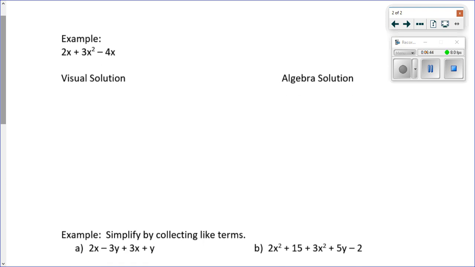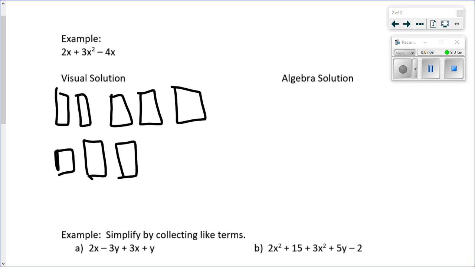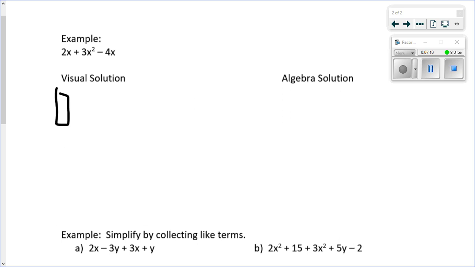So here we have an expression, 2x plus 3x minus 4x. Visually, it's going to look something like this. I'm going to do them in order. Wow, I am struggling. You know what? We're just going to get rid of all those.